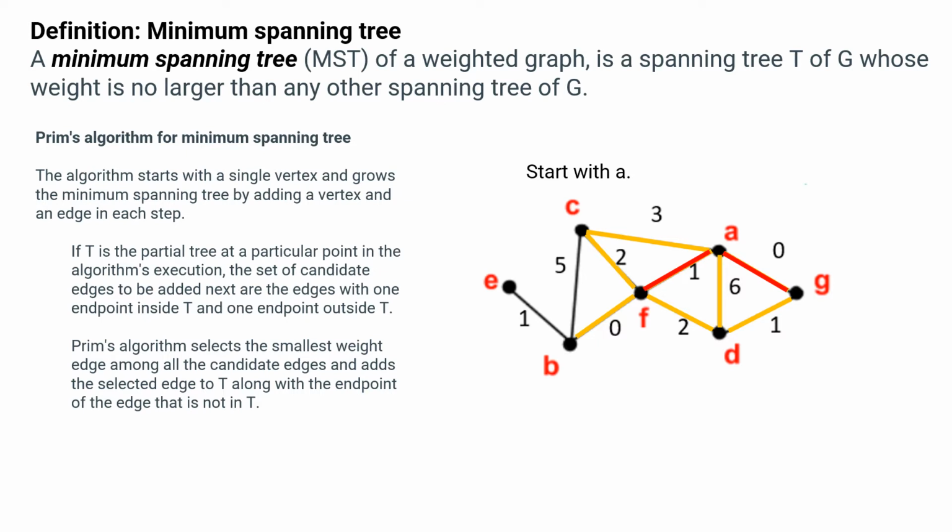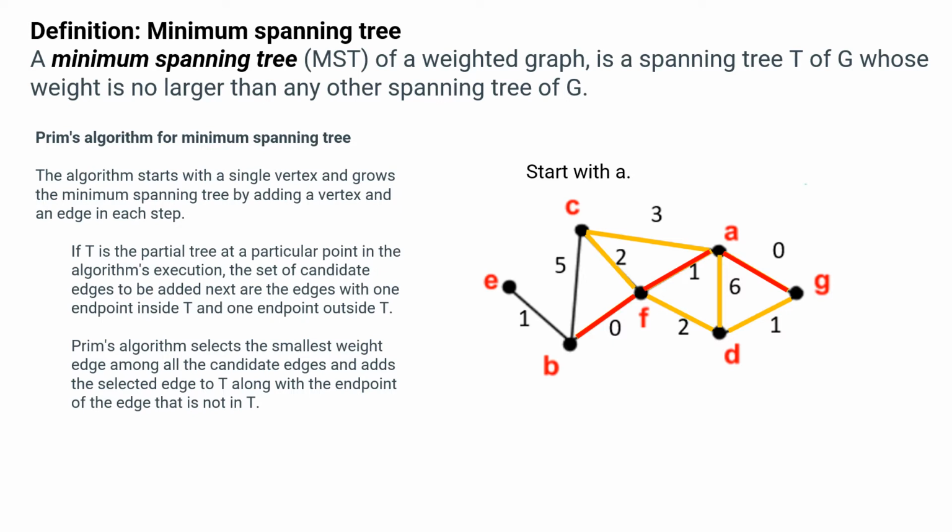We have one with a weight of 0, so we'll pick that since we want the smallest. I'm going to pick the edge between F and B. And because I've added a new vertex, I'm going to see if I now have a few more candidate edges that we might use in our next step.